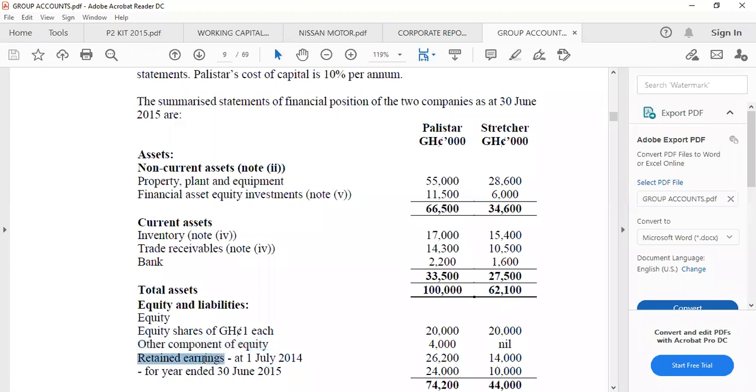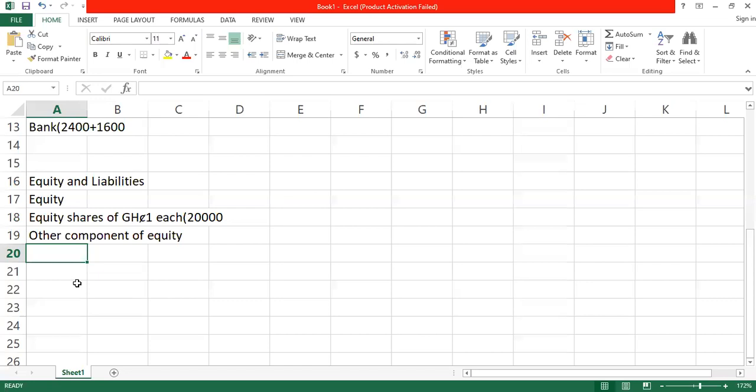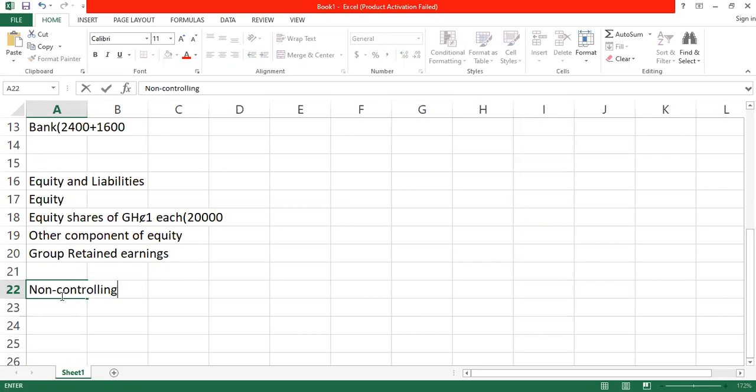Retained earnings, we do workings for it, which will be the group retained earnings. Then after all these things, you have non-controlling interest, the portion that is not controlled by the parent. That one too, we do workings for it.